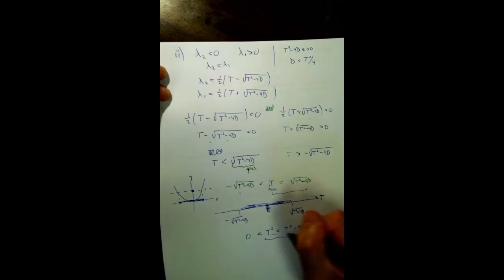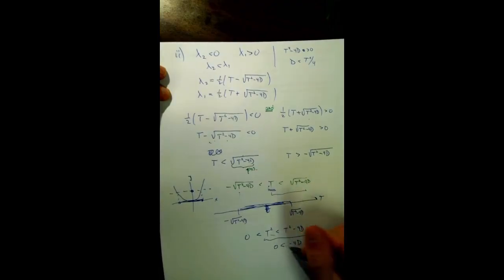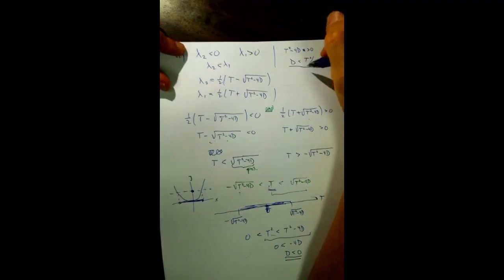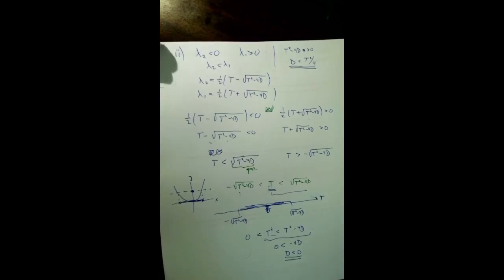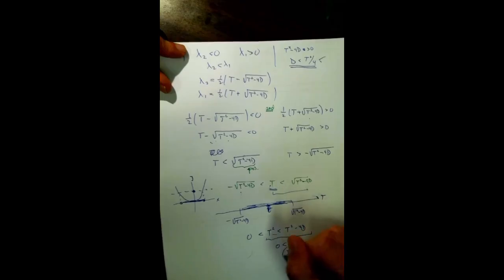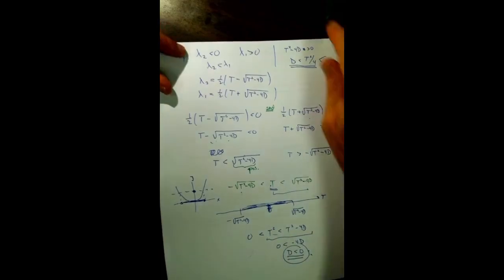So now I can subtract t squareds from both sides. So I get minus 4d has to be greater than 0, which means d is less than 0, and that's exactly what I was hoping for before. So my two conditions are t has to be less than t squared over 4. Notice that has to be positive, and d has to be less than 0, which overrides. So if this is true, that automatically has to be true. So that's my only condition.